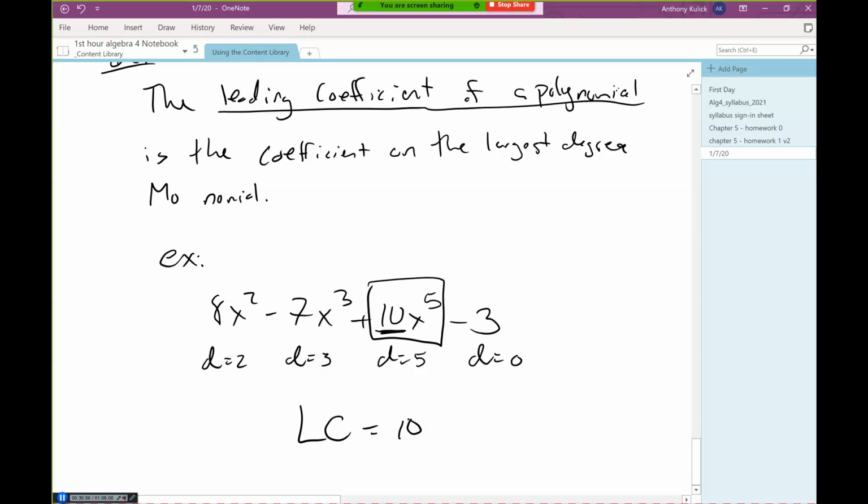So we just identify the monomial with the biggest degree, and the leading coefficient is the coefficient on that monomial. We're not talking about the biggest coefficient in the problem. It's the coefficient on the biggest degree monomial in the polynomial. Everybody's okay with that idea? Okay.